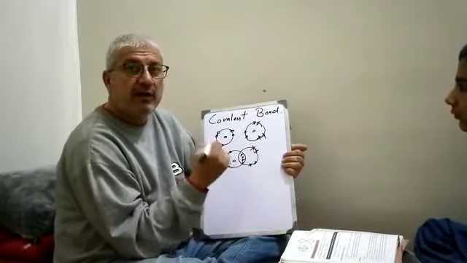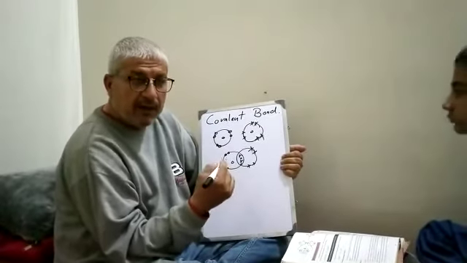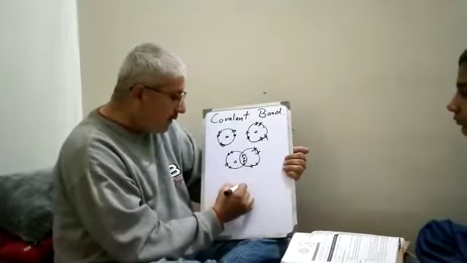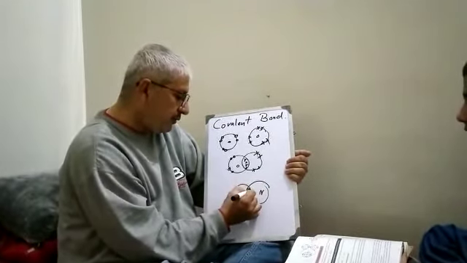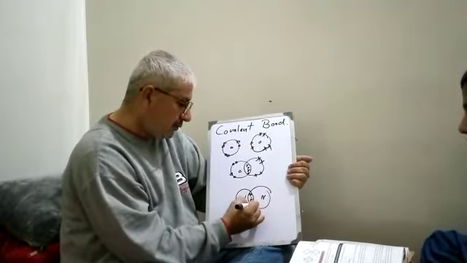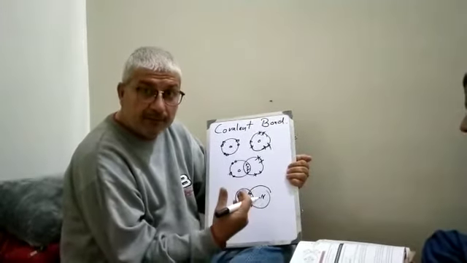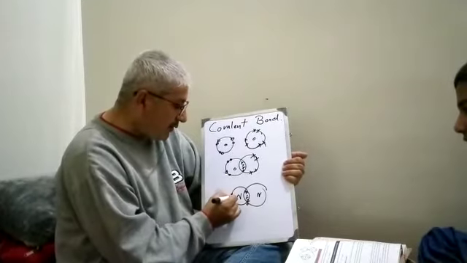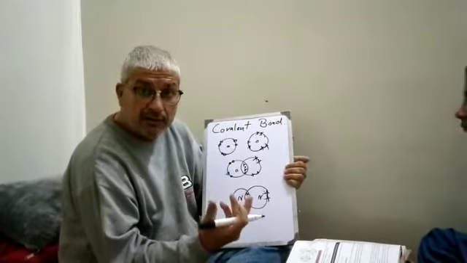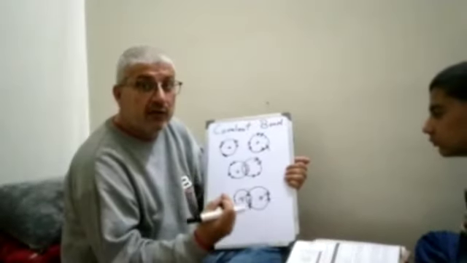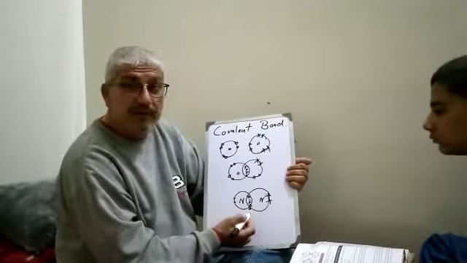In the case of hydrogen and chlorine, it was a single bond, and in the case of nitrogen, it will be a triple bond, because nitrogen is in group 5. It has 5 electrons in the outer shell, so it can share 3 electrons each, and it will be a triple bond.